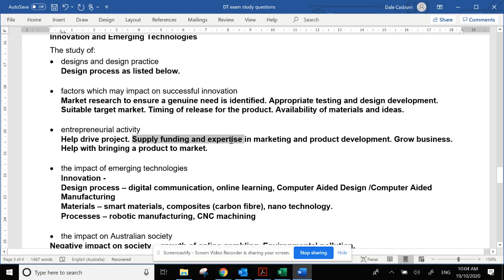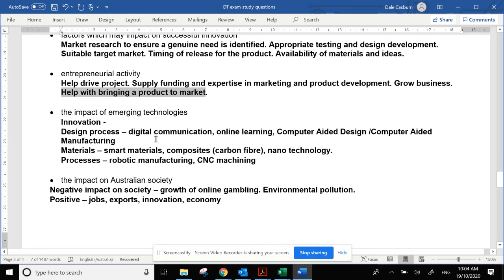You might know a lot of connections to supply expertise in the product development. The entrepreneur can help to grow the business, potentially again through having knowledge and understanding and contacts and things like that, and help to bring a product to market is another big thing an entrepreneur could do.